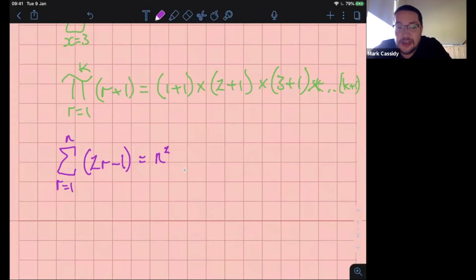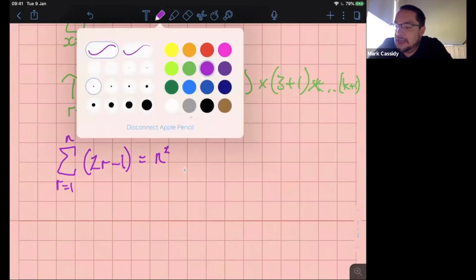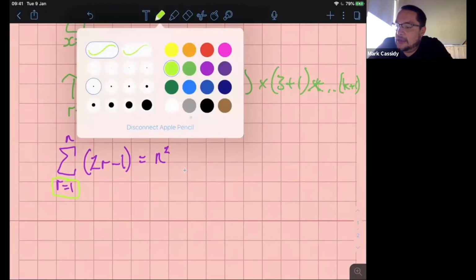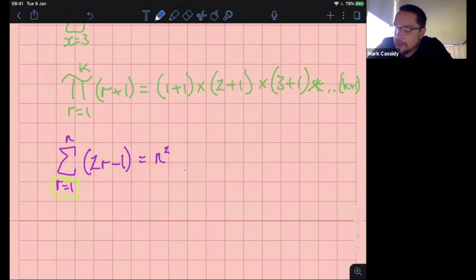So induction has 4 steps. All right. What we do is we start with an example. We start with the very basic example. And usually what we would do is we would look at where we start. So we start here at r is equal to 1.